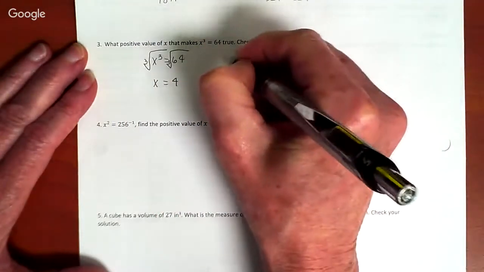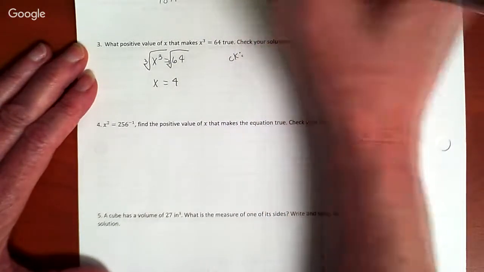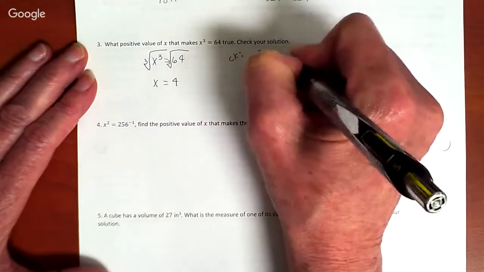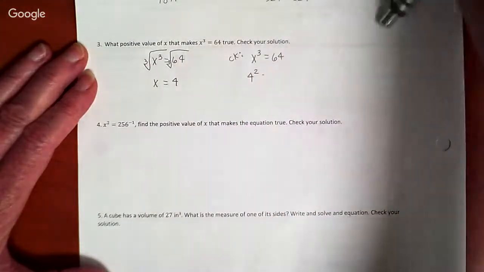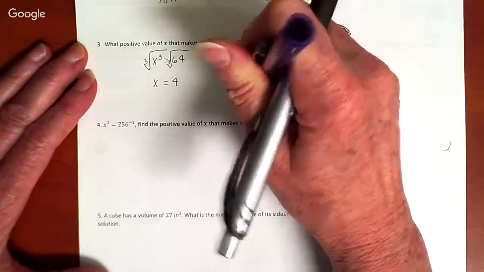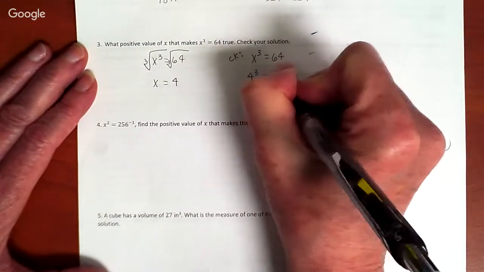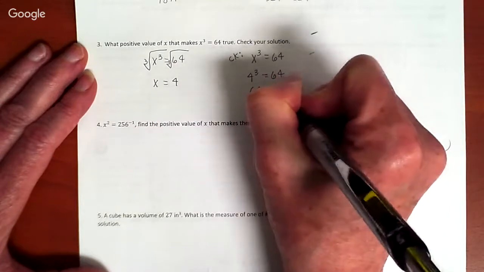So now let's check it. We have x cubed equals 64. Substitute in 4 for x. And I'm sorry, I used squared instead of cubed. 64 equals 64.